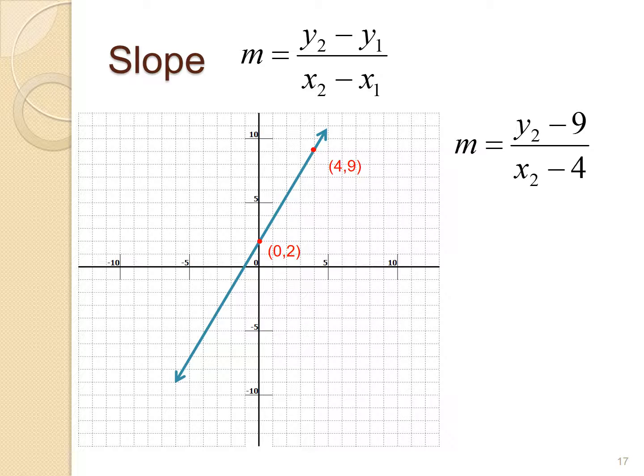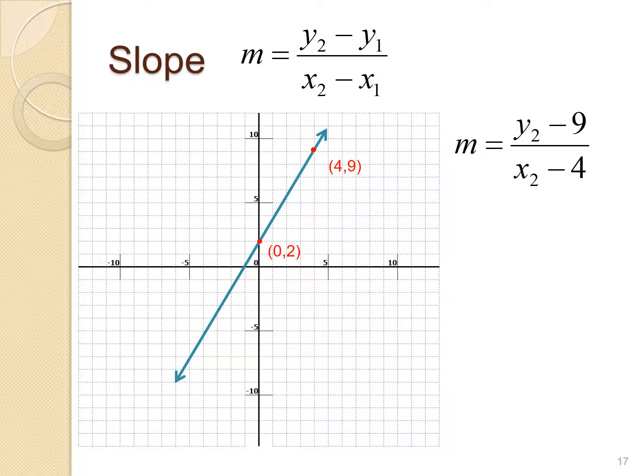So we chose the point at (4, 9) as our first point, so let that be the x sub 1 and y sub 1. The y value of that first point is 9, so we put that in for y sub 1, and the x value was 4 for the x sub 1 value, so we put 4 in for x sub 1.